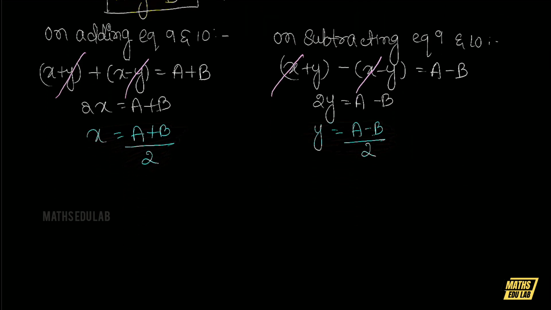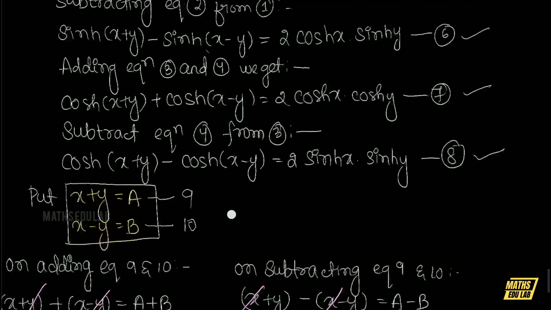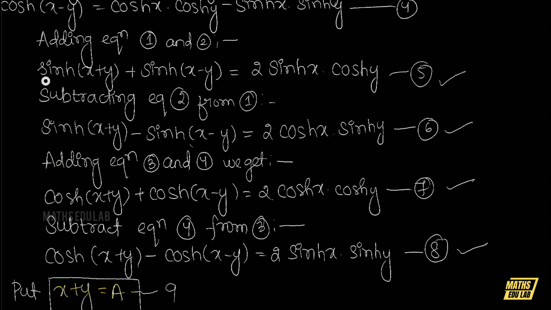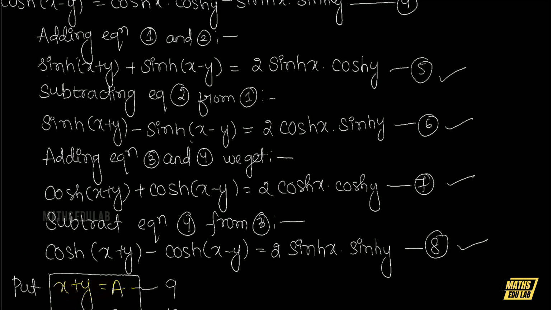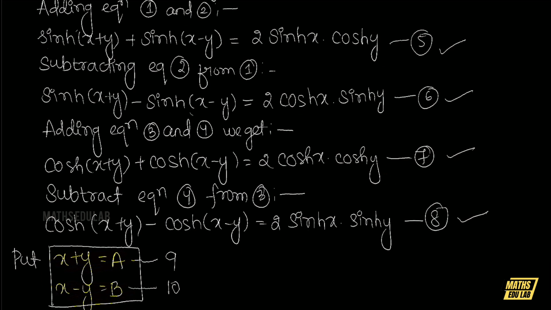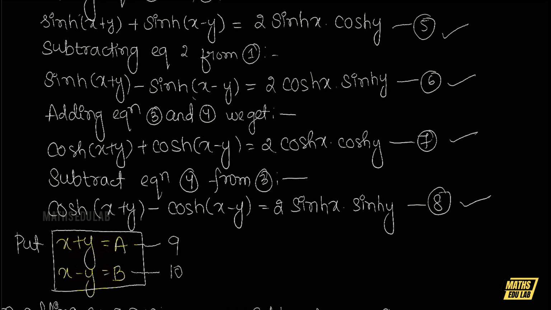In the next step, we can write equation 5, which is sine hyperbolic x plus y plus sine hyperbolic x minus y, which is equal to 2 sine hyperbolic x into cos hyperbolic y.